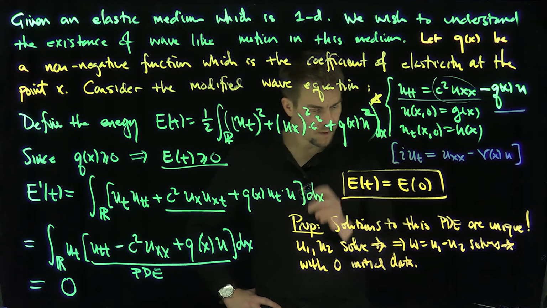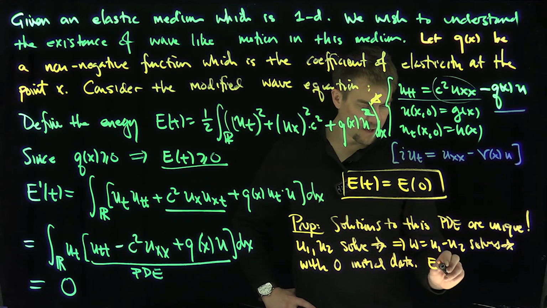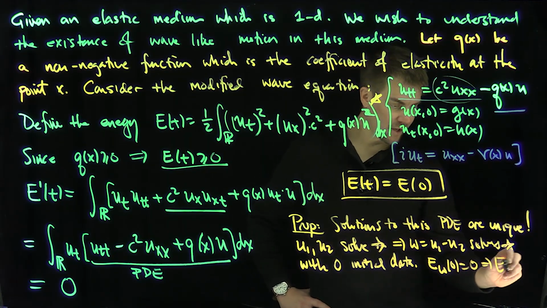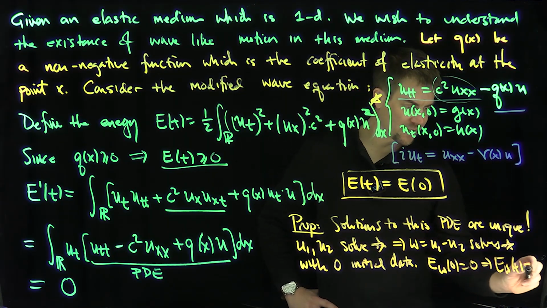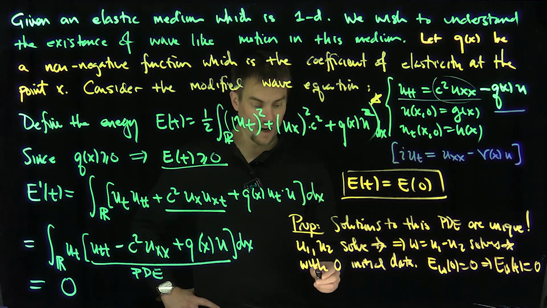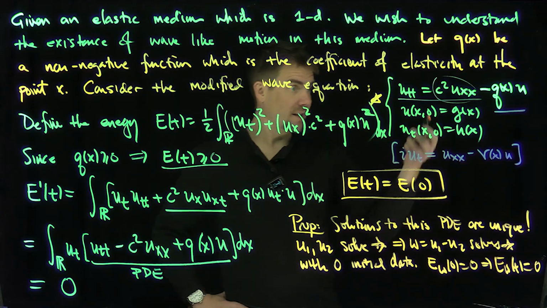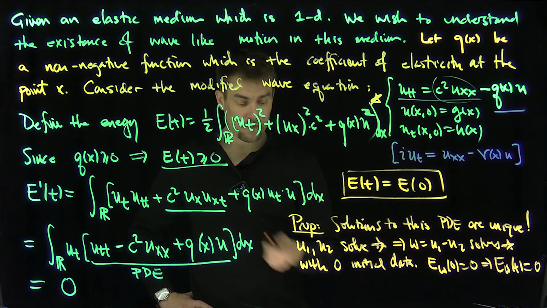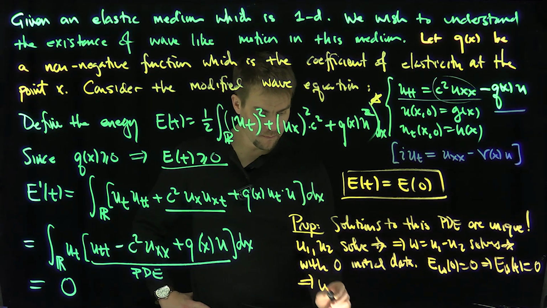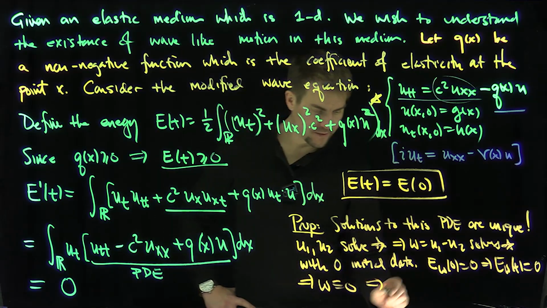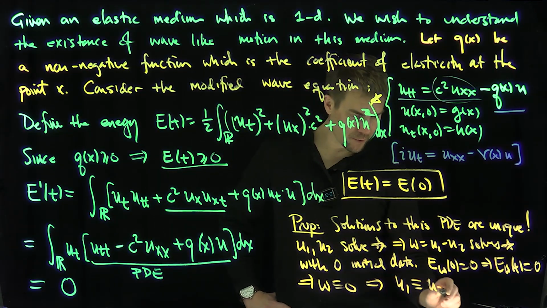Well, of course, that says the energy of w at 0 is nothing. And that says by conservation of energy, the energy of w at time t is still nothing. So w has no energy. So w has to be identically equal to 0 because energy is a non-negative quantity. And that implies that u1 is identically equal to u2.